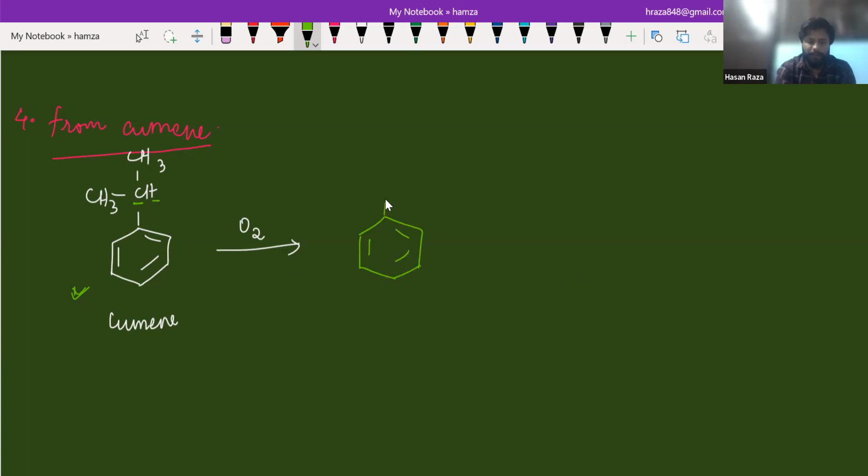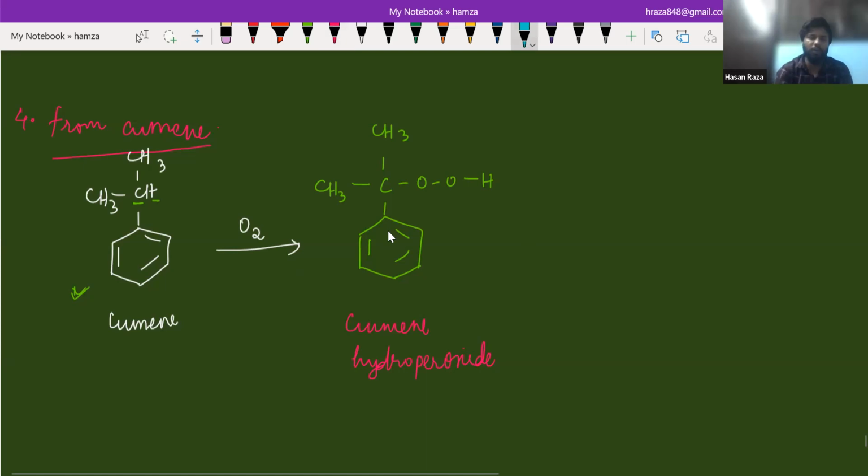So now we can write COOH, and the rest is the same, CH3 here on the top and CH3 on the left. And this is known as cumene hydroperoxide.